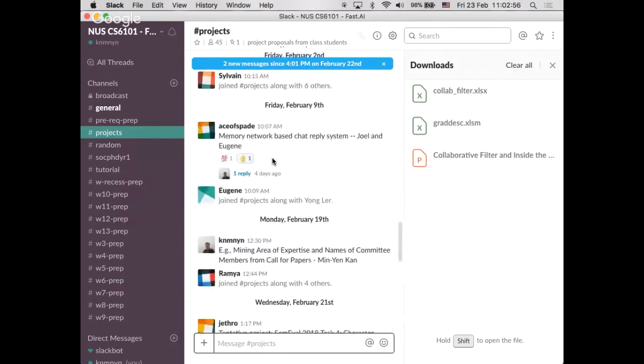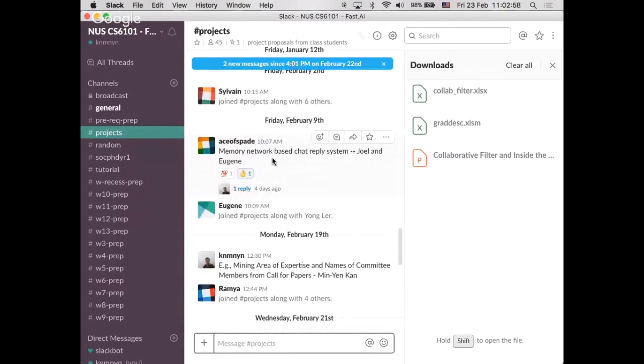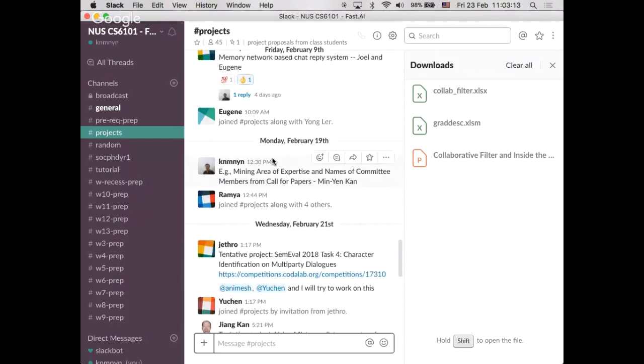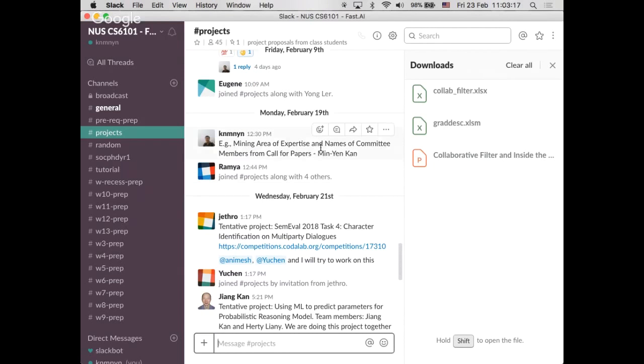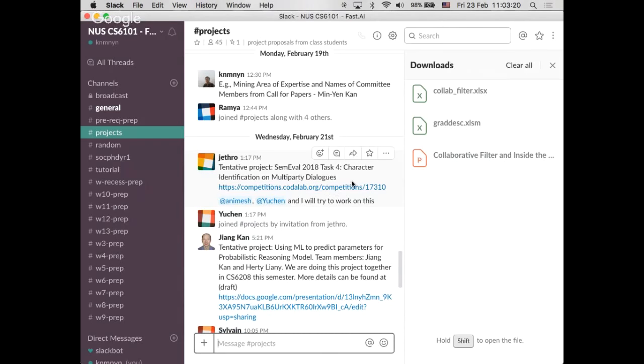So we have some projects that are already incorporated. I think Joe and Eugene both left already, right? But they're going to look at a memory-based chat reply system. This is a hot topic, right? There are lots of people asking for chatbots. I put down one that I wanted to do, but I don't have time.